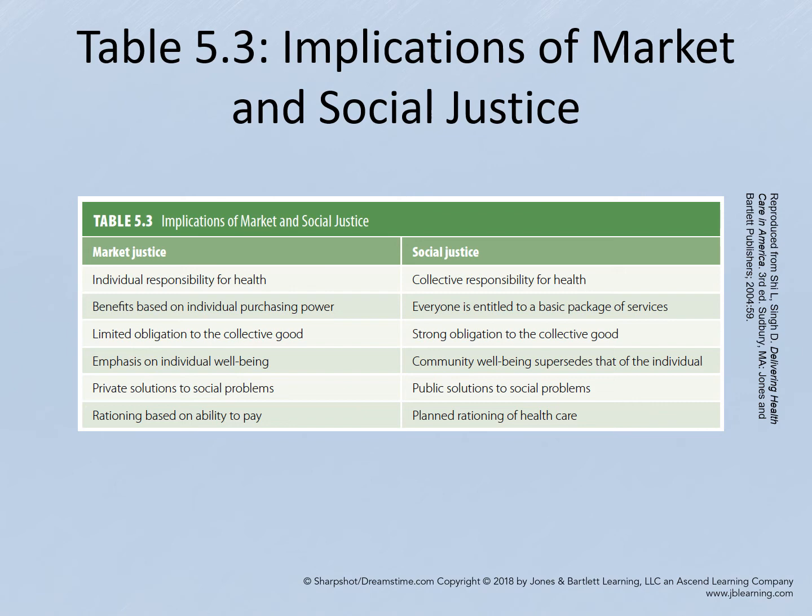In market justice, there's a limited obligation to the collective good, whereas in social justice, there's a strong obligation to the collective good. In market justice, there's emphasis on individual well-being, whereas in social justice, community well-being supersedes that of the individual. Market justice offers private solutions to social problems, whereas social justice offers public solutions to social problems. And in market justice, rationing is based on ability to pay, whereas in social justice, there's a planned rationing of healthcare.